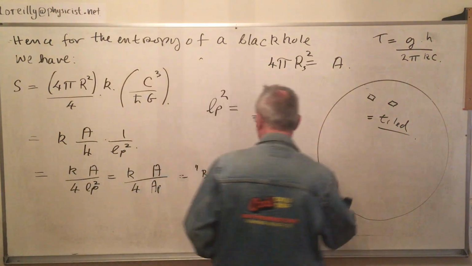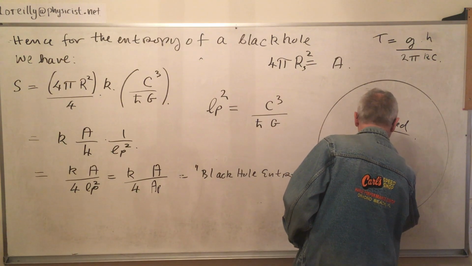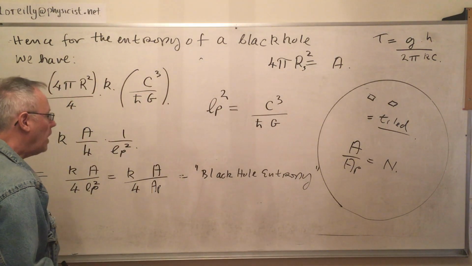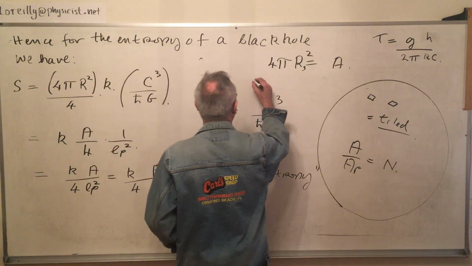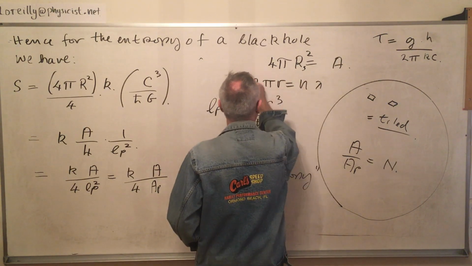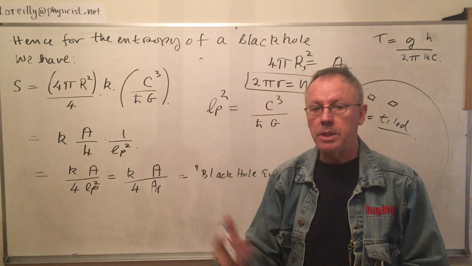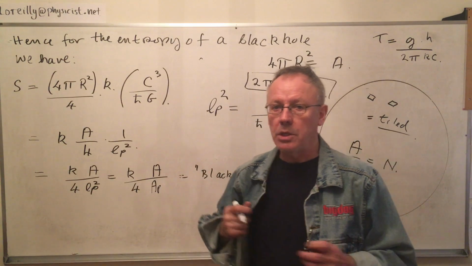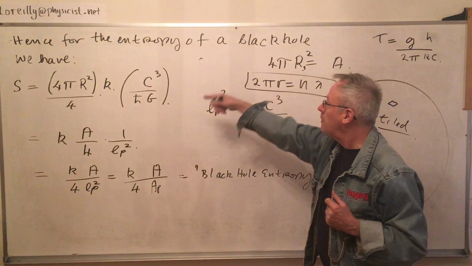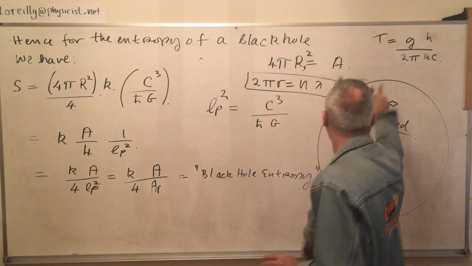So this object here is going to be some n, right? So therefore then, we have something very interesting. It's very much like 2 pi r equals n times lambda. Go back to where I derived the fine structure constant and you'll see me using that. That's the Bohr quantization condition. I'm trying to use a Bohr-like quantization condition to derive this formula for you guys. I use this one as a starting point.